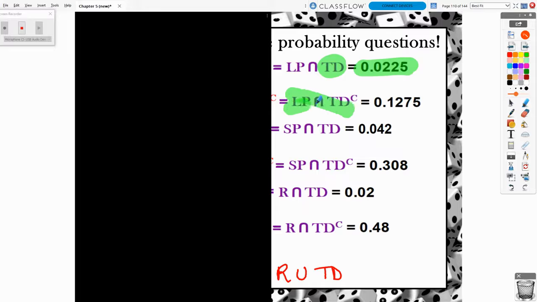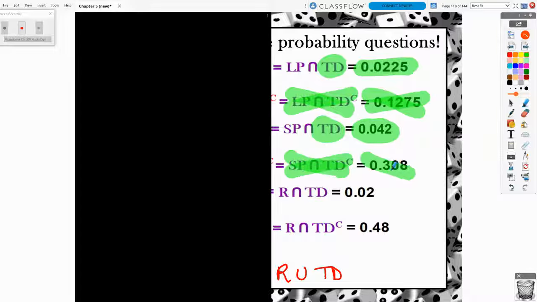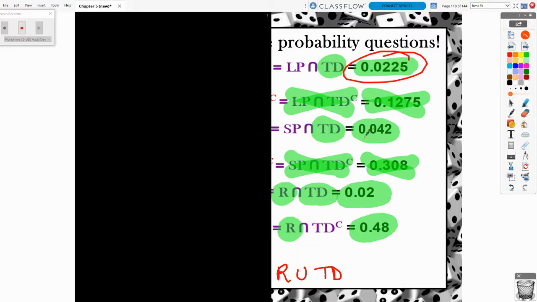No, it's neither one of those, so I don't want that probability. Next one, hey, at least I'm scoring a touchdown. Cool, keep that one. Short pass, not scoring a touchdown, doesn't meet either of my criteria. Running and scoring a touchdown, both of them, we're going to keep. And then the last one, at least I'm running, right? I didn't score a touchdown, but at least I'm doing the running play here. So I do want that one. So I want this probability, that probability, this one, and this one.